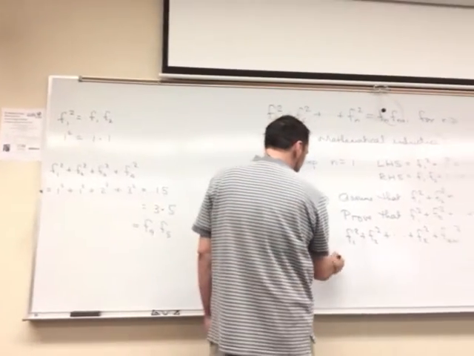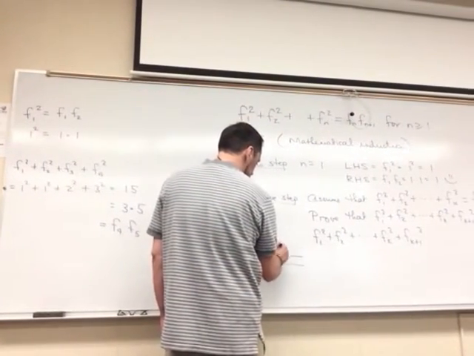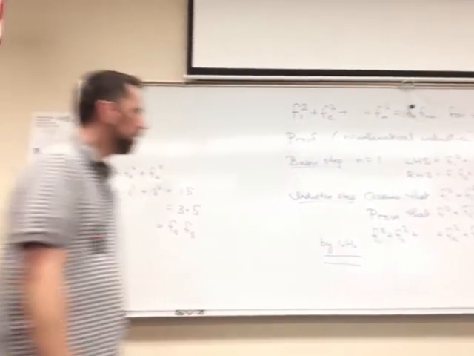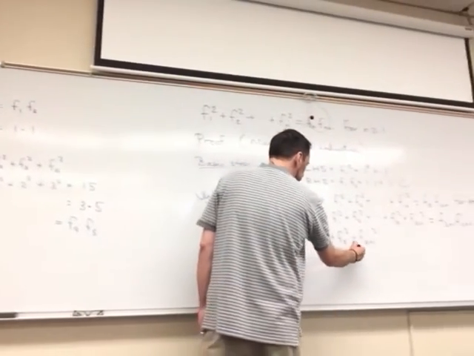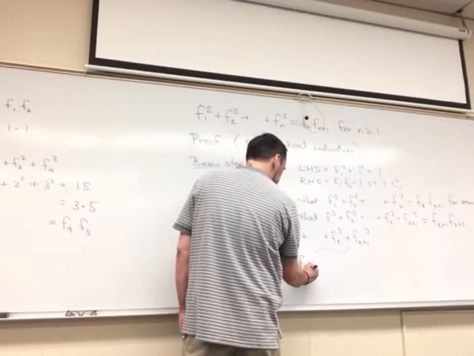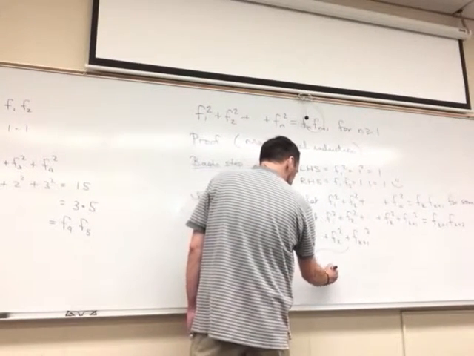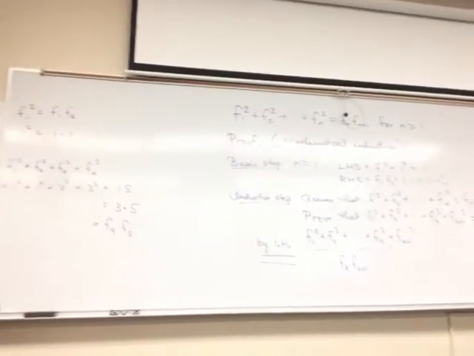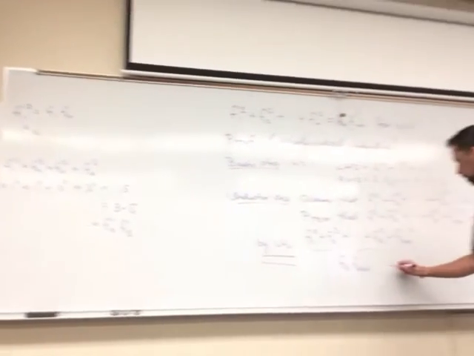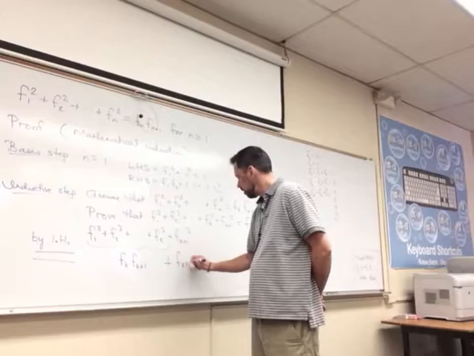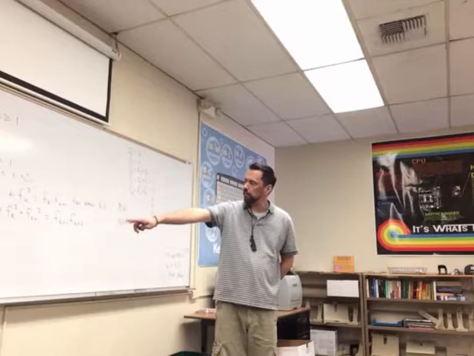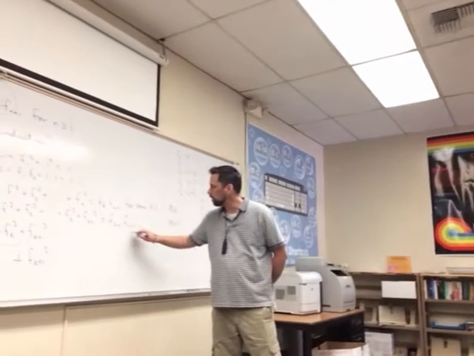And by the inductive hypothesis, those terms there add up to f sub k times f sub k plus 1. Don't forget the last term. Got to carry that along. So we need to show that that thing somehow is equal to this.